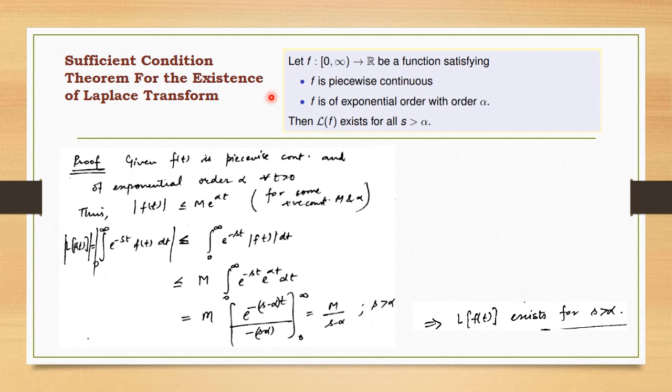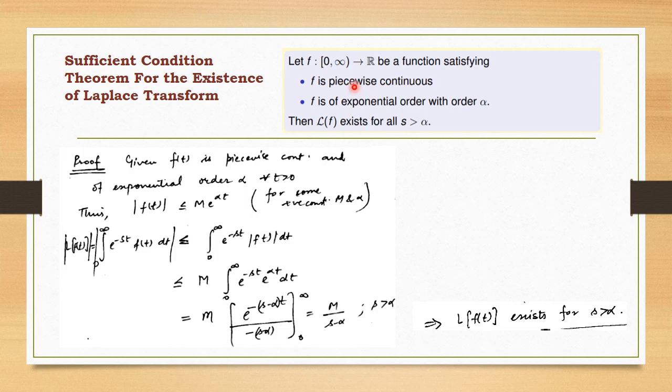There are examples which do not satisfy the conditions of this theorem, however the Laplace transform exists. So these conditions are not necessary conditions, only sufficient ones. Whenever the function satisfies these conditions, the Laplace transform always exists, but we are not sure about the converse part.